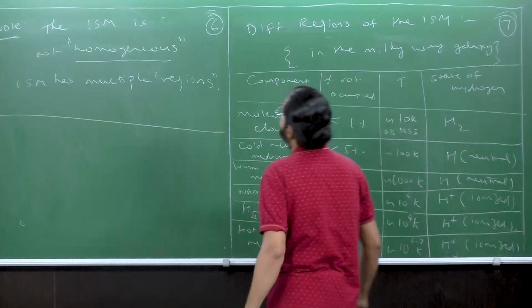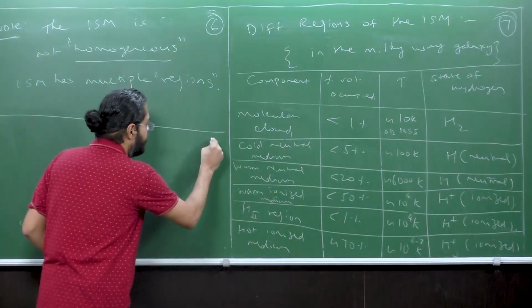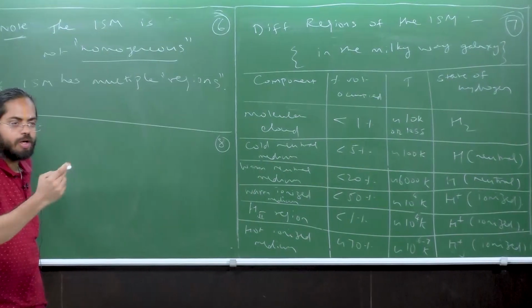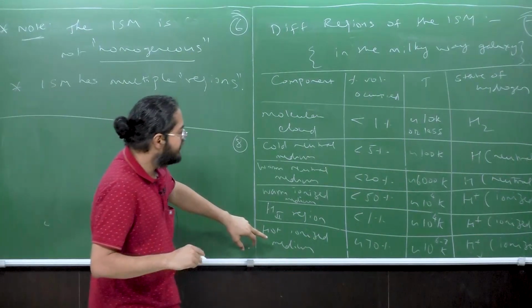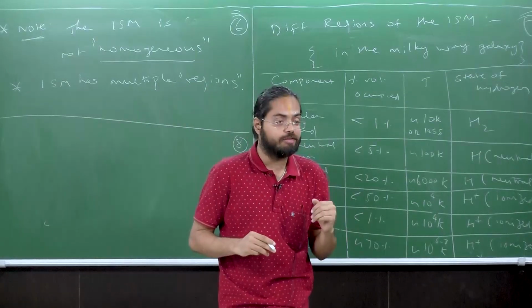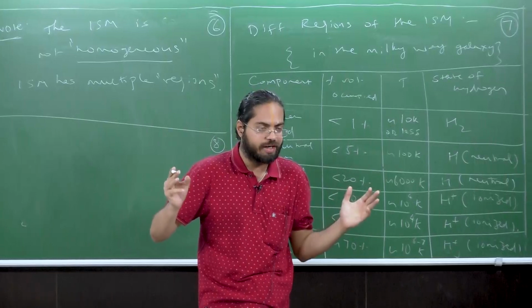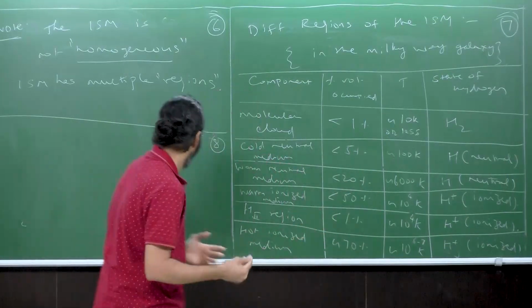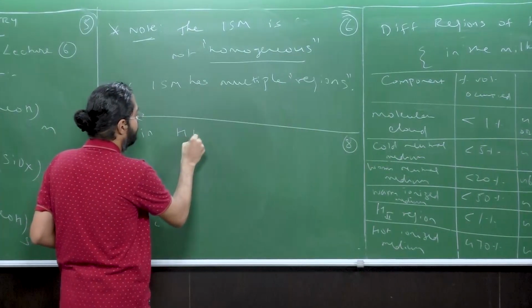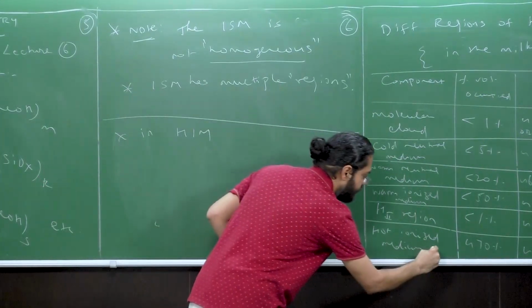In fact, please note, I will just call this page 8. I will continue from here. Please note that in the hot ionized medium, it is not just hydrogen that is ionized, but if at all there are other elements, even they are ionized. For example, in the hot ionized medium, I'm going to call this HIM.